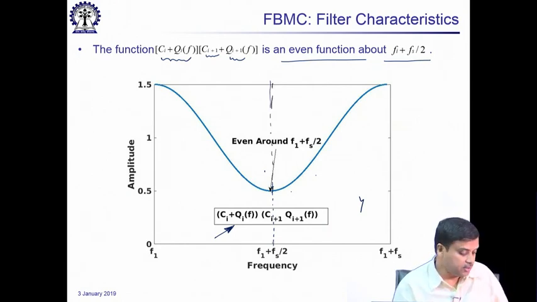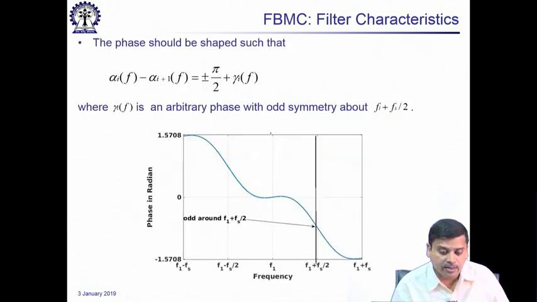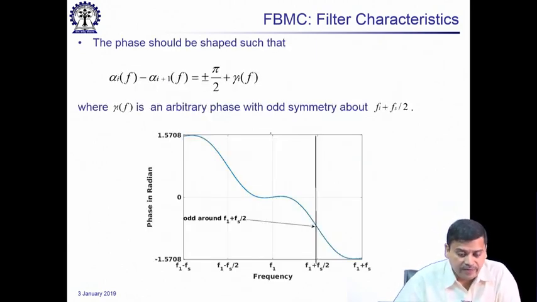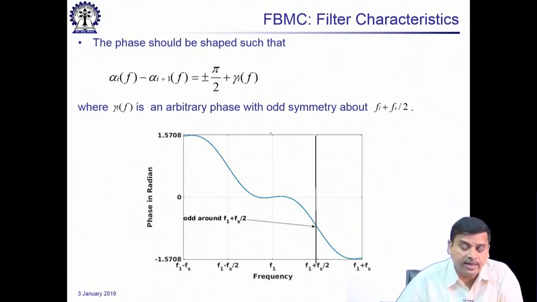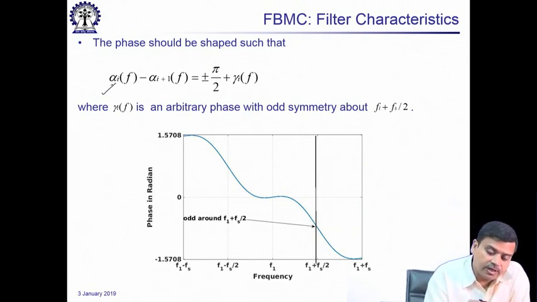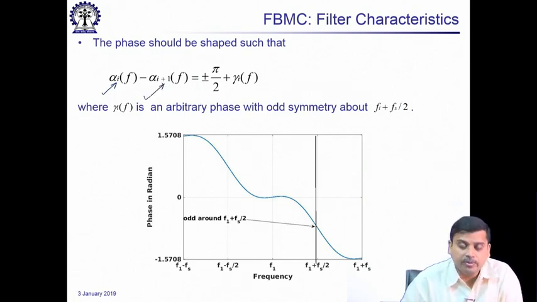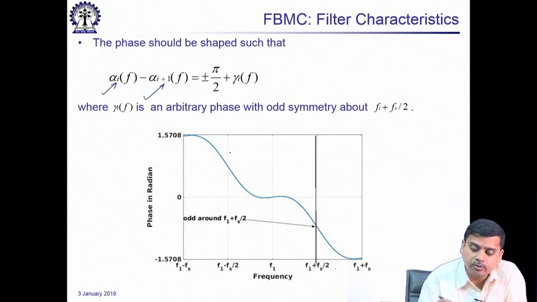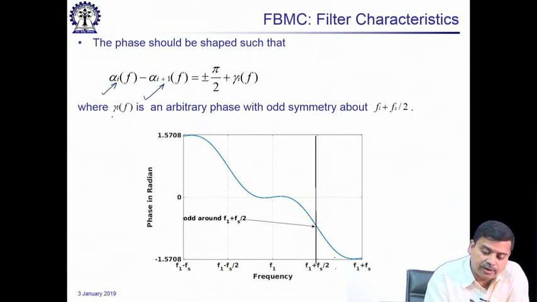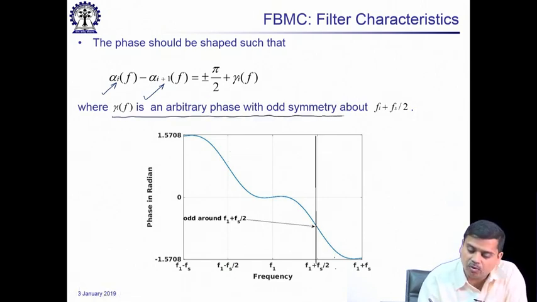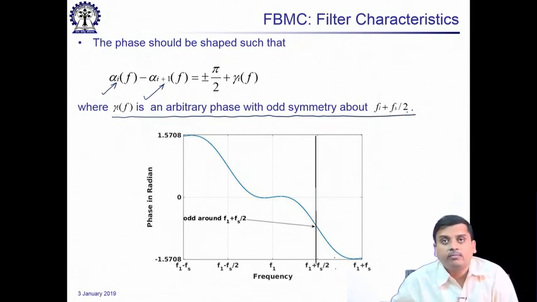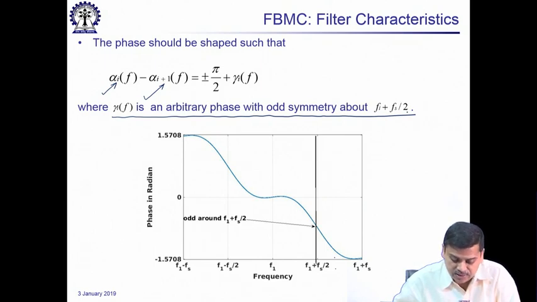That is another condition, and finally, we see that the phase should be shaped such that alpha i, which is the phase of the ith filter, minus alpha i plus 1, the phase of the neighboring one, is plus minus pi by 2 plus gamma i of f, where gamma i is an arbitrary phase with odd symmetry about Fi plus Fs by 2. Right. So, now if you look at the phase, it will have a structure represented by this picture.